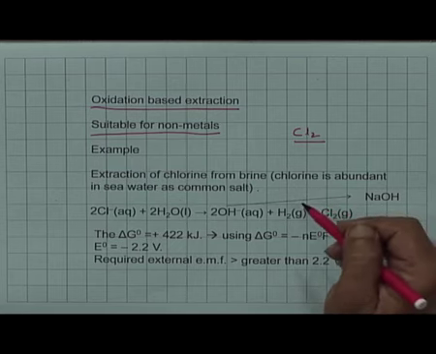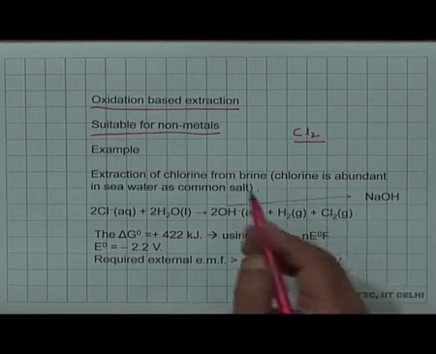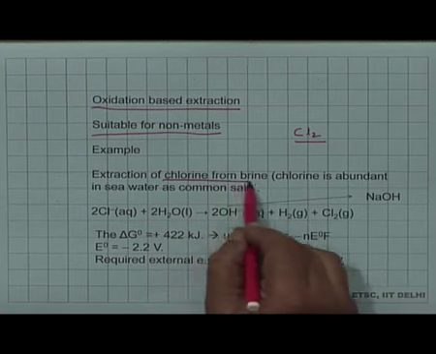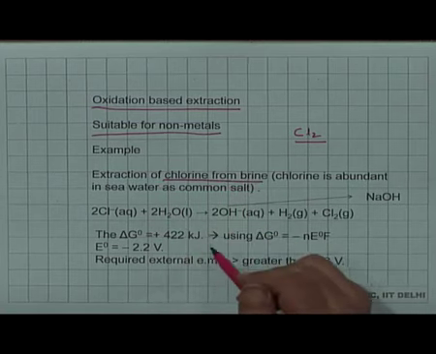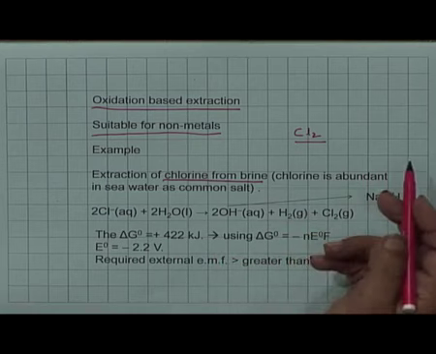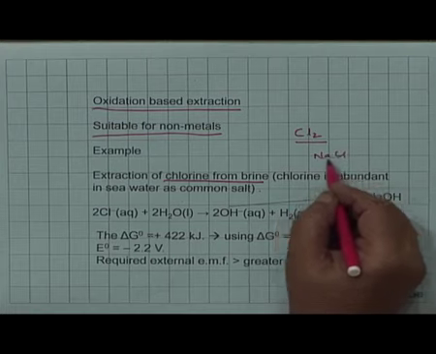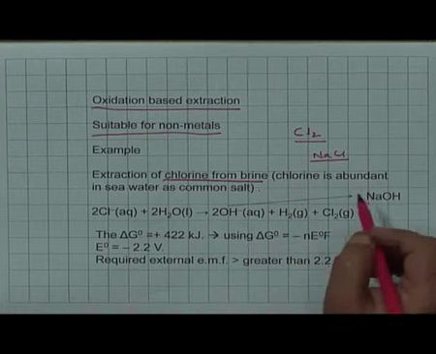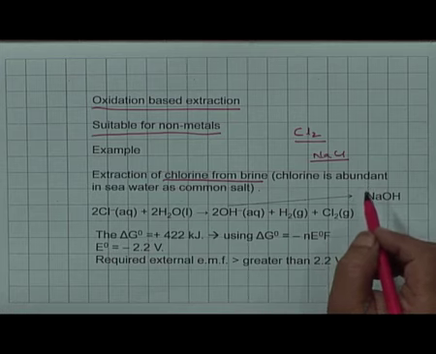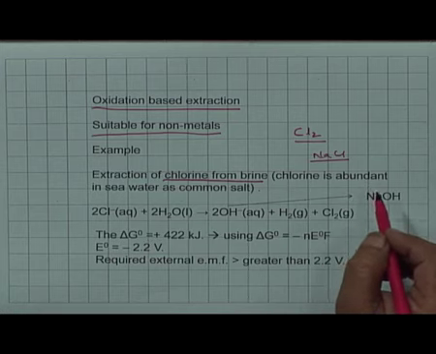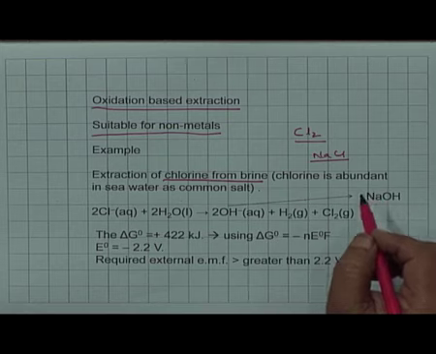The biggest source of chlorine is brine. What is brine? Brine is sodium chloride solution, and sea water is effectively a sodium chloride solution.